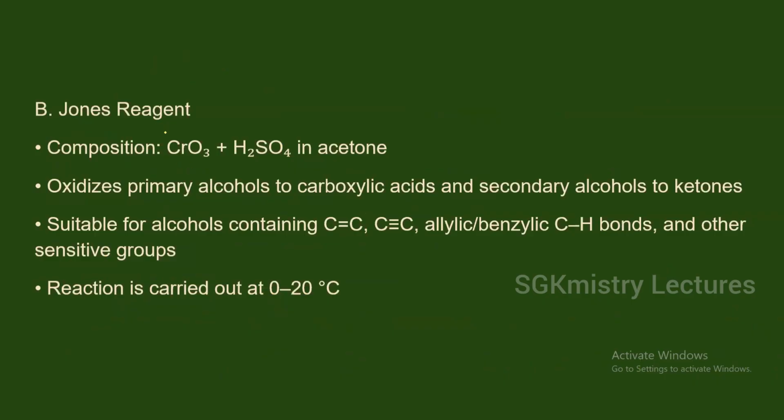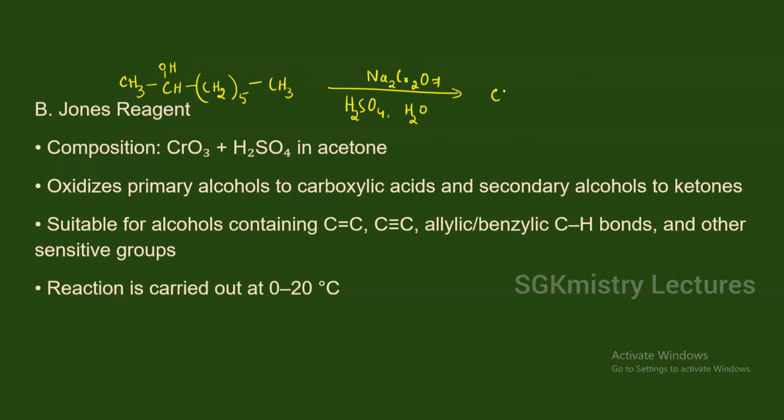Next, if I'm talking about secondary alcohols, as I already told, the secondary alcohols are first converted to ketones, and ketones are resistant to further oxidation. So let me take a secondary alcohol. Here we know that the OH group is attached to the secondary carbon atom, so that's why we call it a secondary alcohol. Now this in the presence of sodium dichromate, sulfuric acid, again water, here you're going to get the ketone.